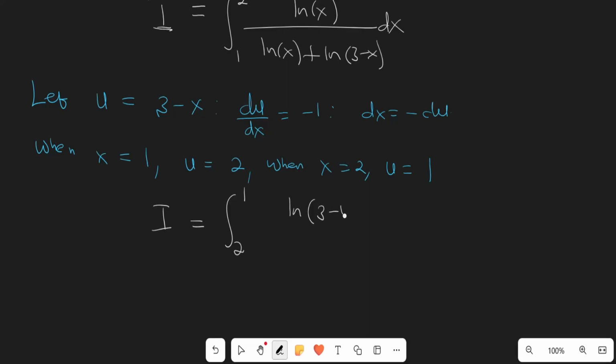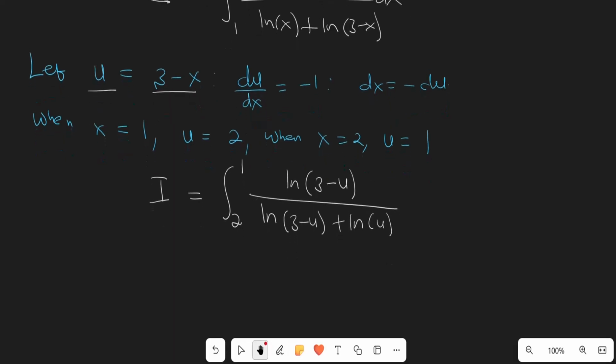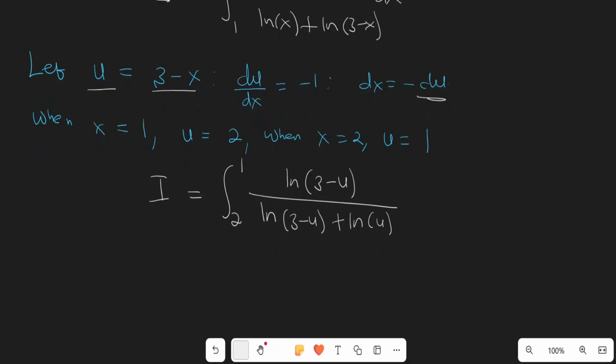If we want to isolate x, x is going to be 3 minus u. So that is the natural logarithm of 3 minus u, divided by the natural logarithm of x, which is the same 3 minus u, plus the natural logarithm of 3 minus x. 3 minus x is u. And what is dx? dx is negative du.